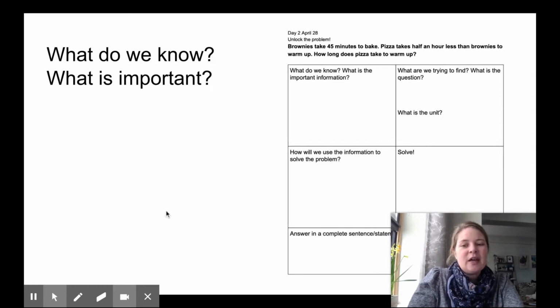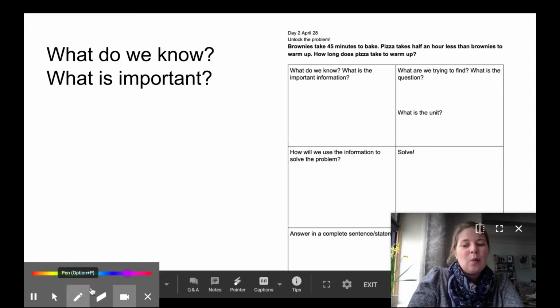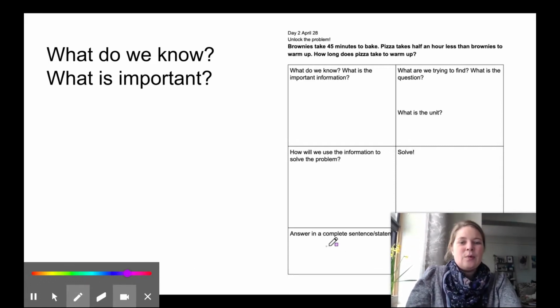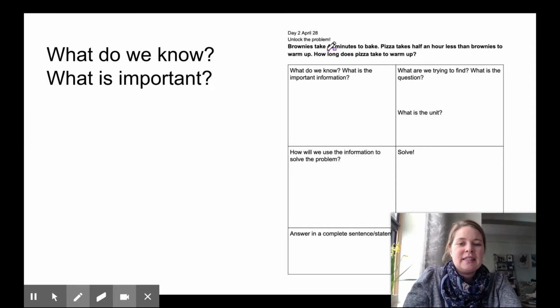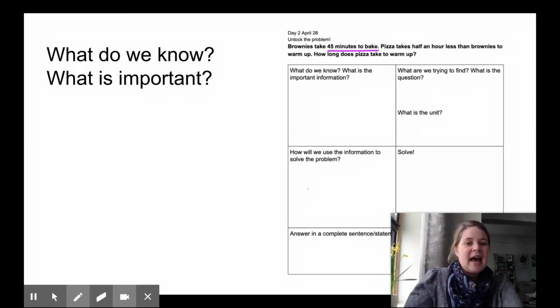Well, let's take a look at what do we know. What are the things that we definitely know? We know that brownies take 45 minutes to bake. And we know that pizza takes half an hour less than brownies. So what do we know and what is important?